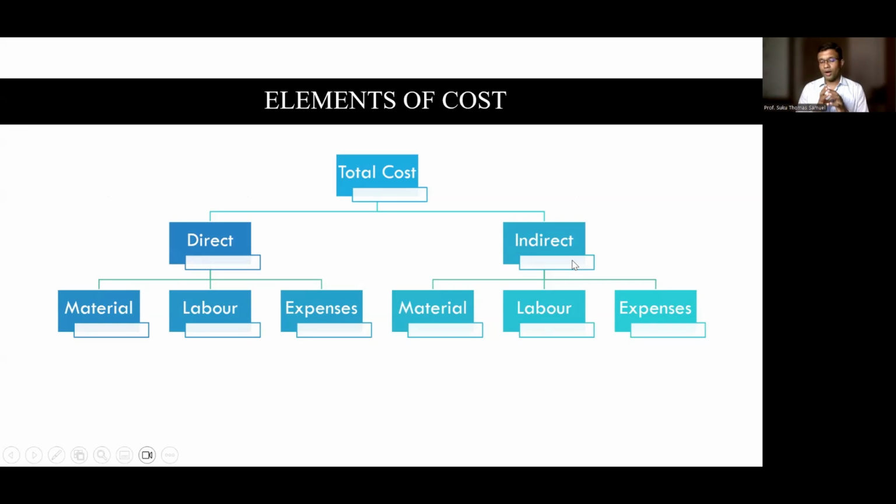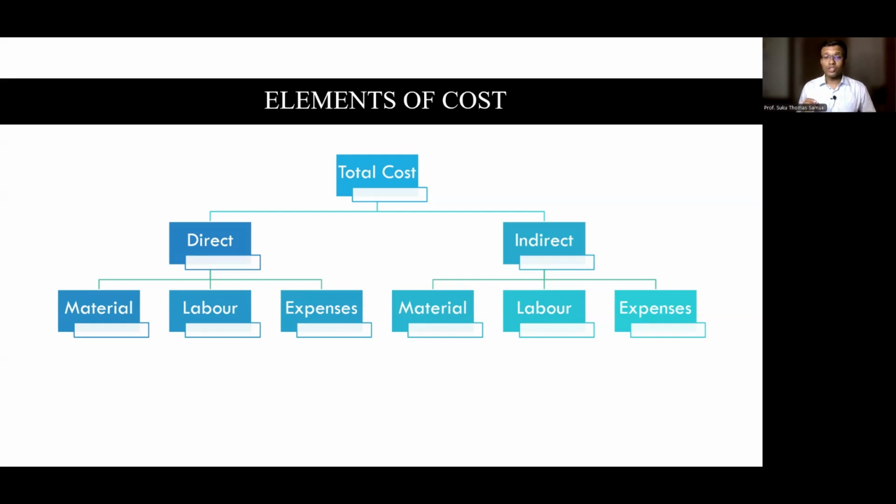In our journey so far, we have come to an understanding there are three elements of cost: material, labor, and expenses. We've also seen that each of these elements of cost can be further classified as direct and indirect. So from that point of view, I would like to present the elements of cost to you in a slightly different angle.